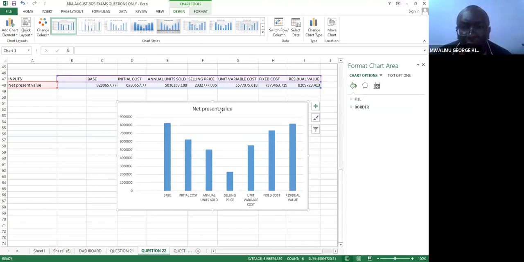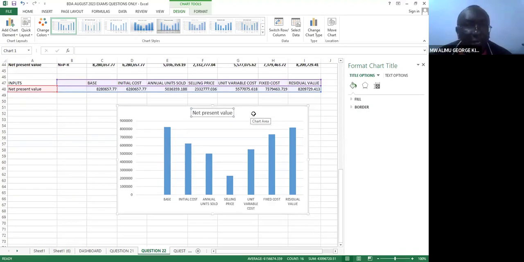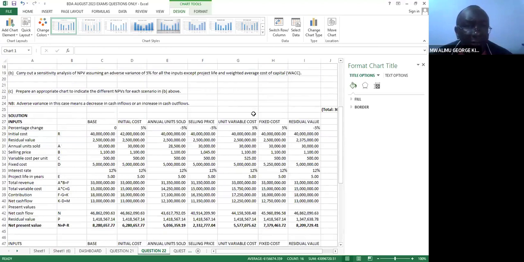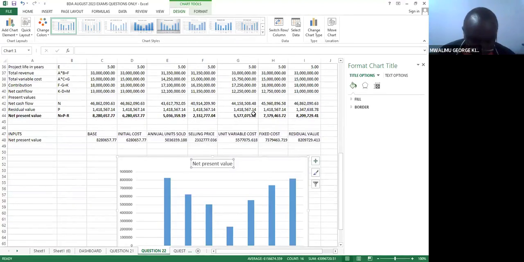So this one, we can change the title. The examiner wanted a graph called what? Prepare an appropriate chart to indicate different NPVs for each scenario. So we can just call it NPV scenario analysis.